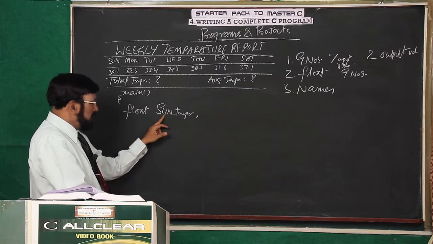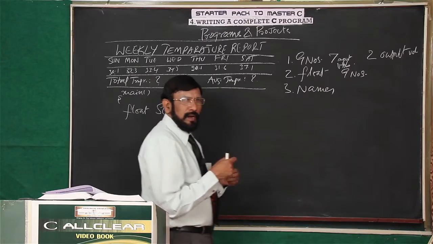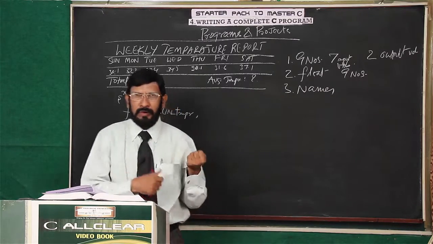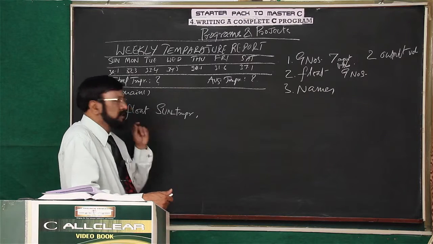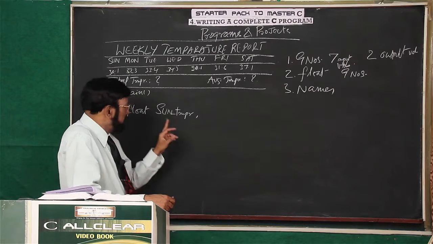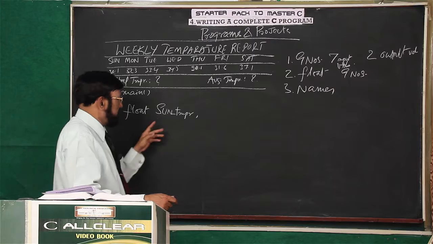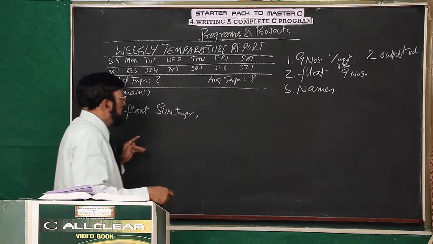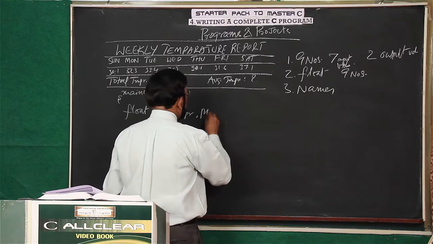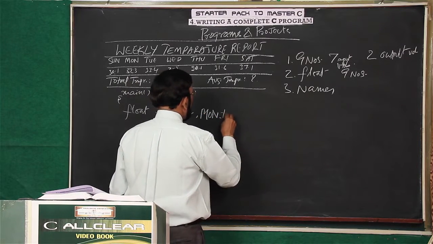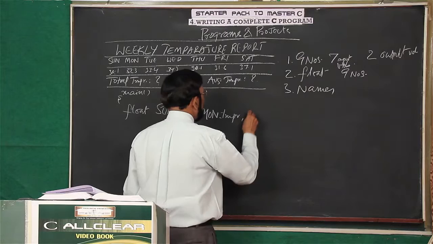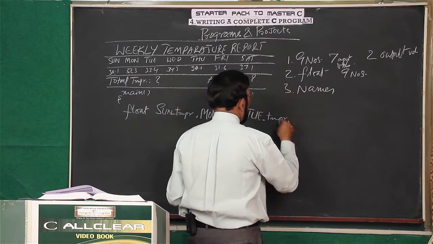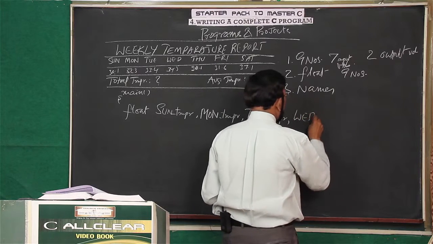But in certain cases, uppercase gives more elevation and readability, then we can use uppercase. Nothing wrong in that. So sun temperature, anybody can understand it is Sunday's temperature. Mon temperature, tue temperature, wed temperature.